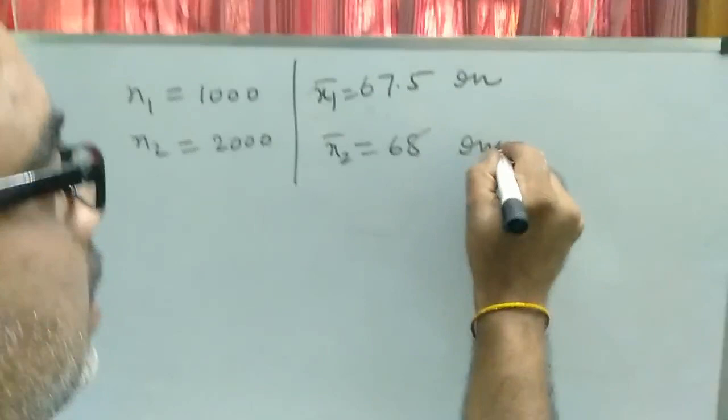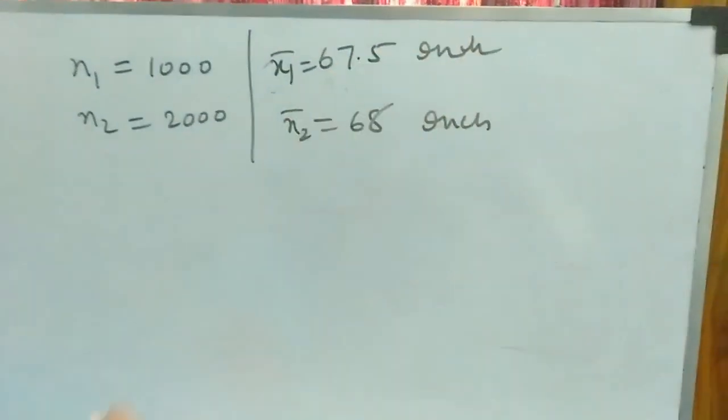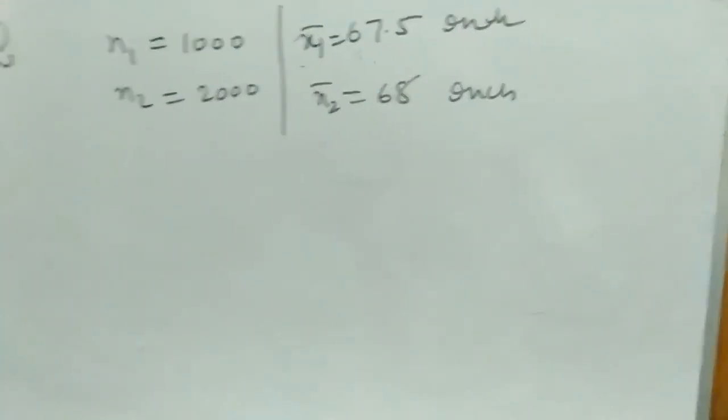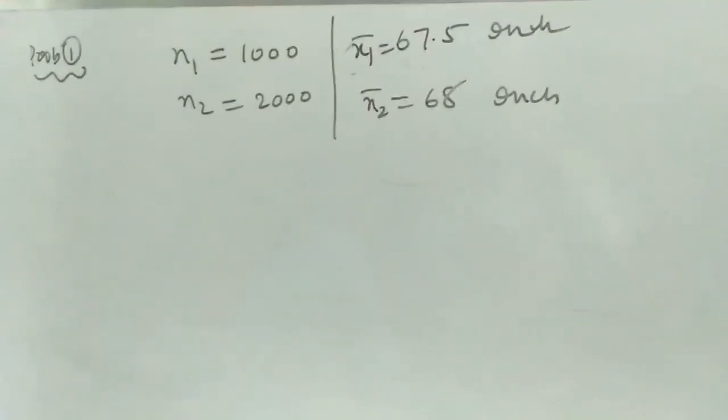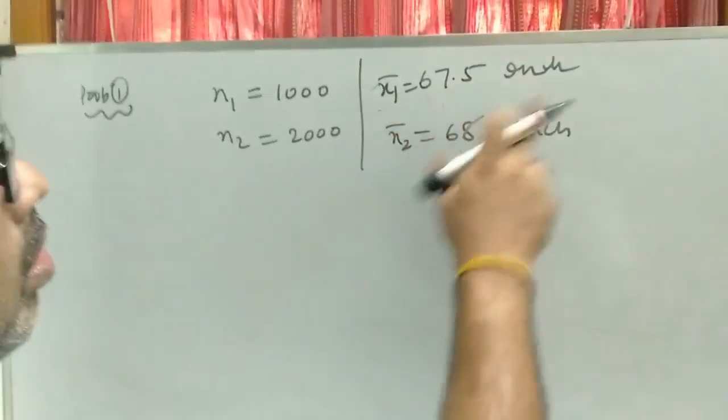So these two are the sample means. The first sample size n1 is 1000, the second sample size n2 is 2000.